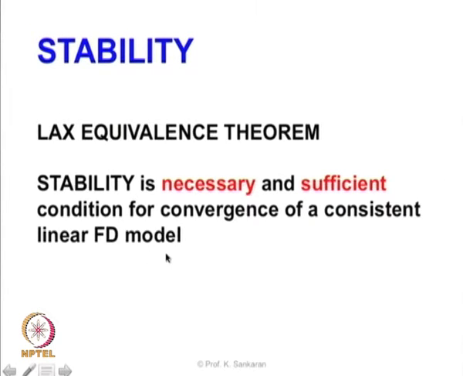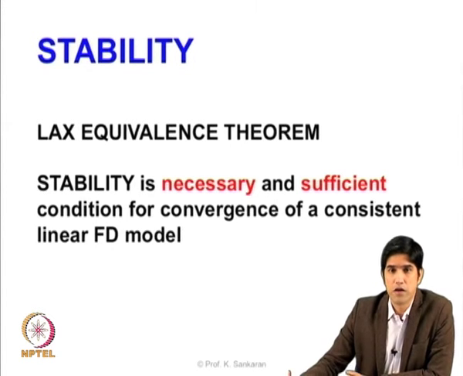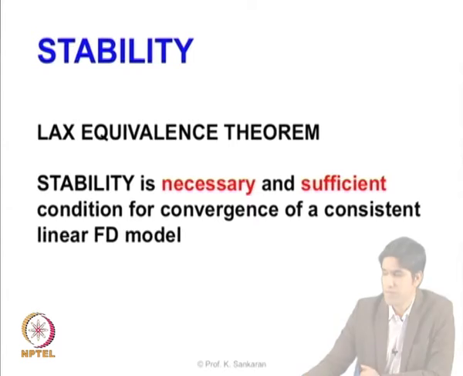In other words, when we talk about a linear finite difference model, it's enough to know that it will be stable so that we can say that this method will sufficiently and necessarily converge over a period of time and spatial discretization. So if I can reduce the time step and the spatial step, if the method is stable, it will converge, and that's the main point.